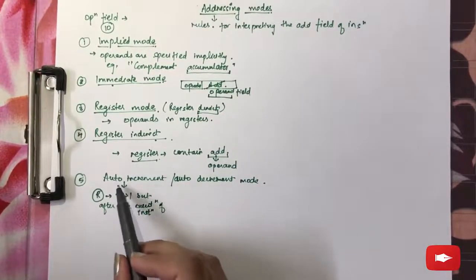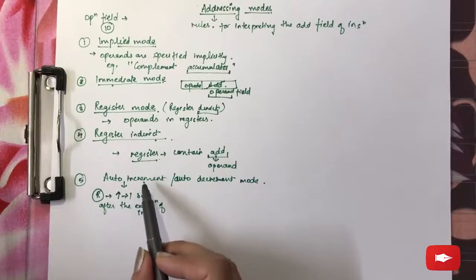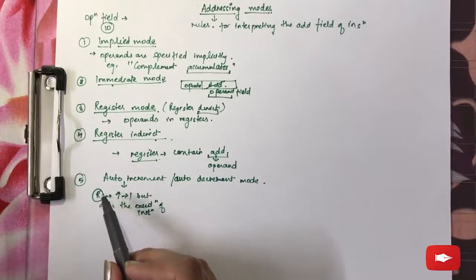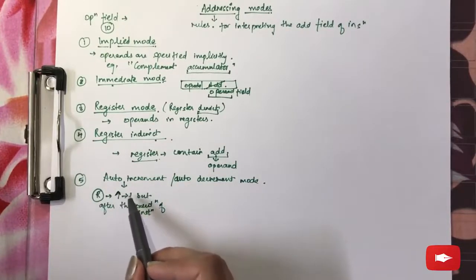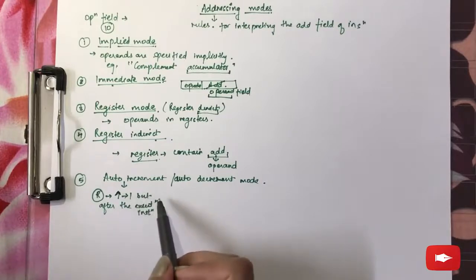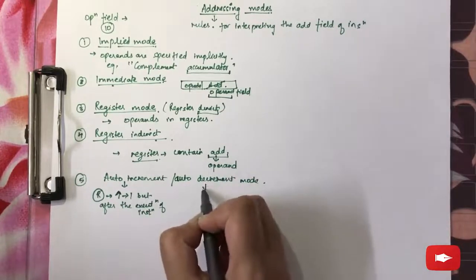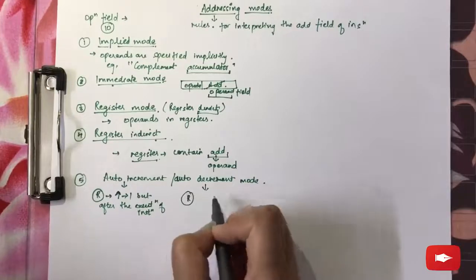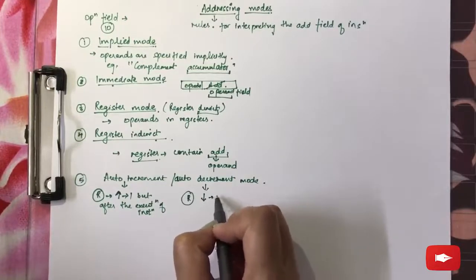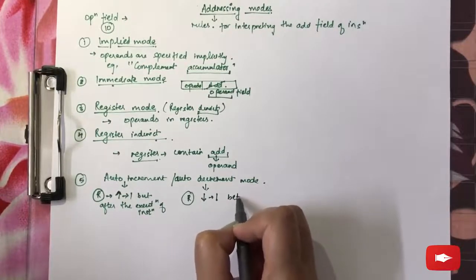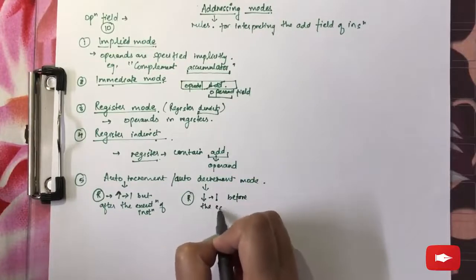Let me repeat again. Auto increment mode says that the value of register will be incremented by 1, but after the execution of instruction, whereas in auto decrement mode, the value of register is decremented by 1 before the execution of the instruction.